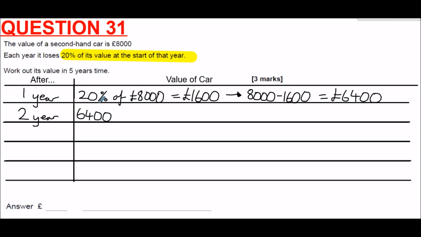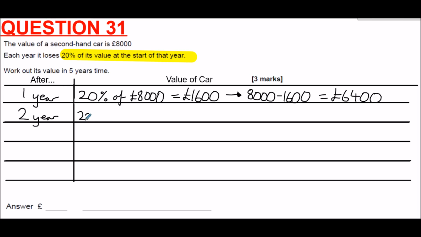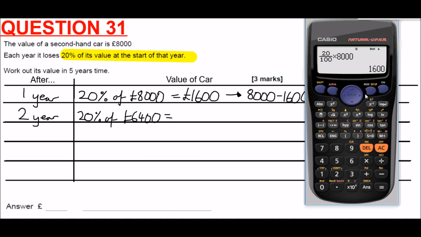So we need to find 20% of that. 20% of 6,400 is 20 over 100 multiplied by 6,400, and that will come to 1,280.